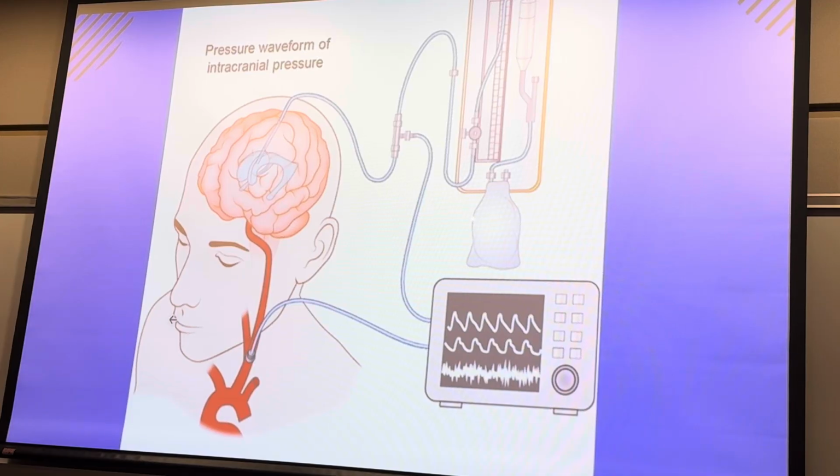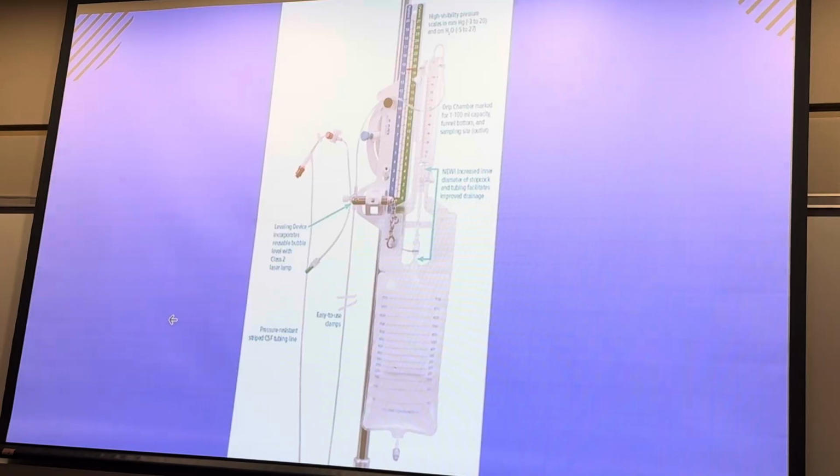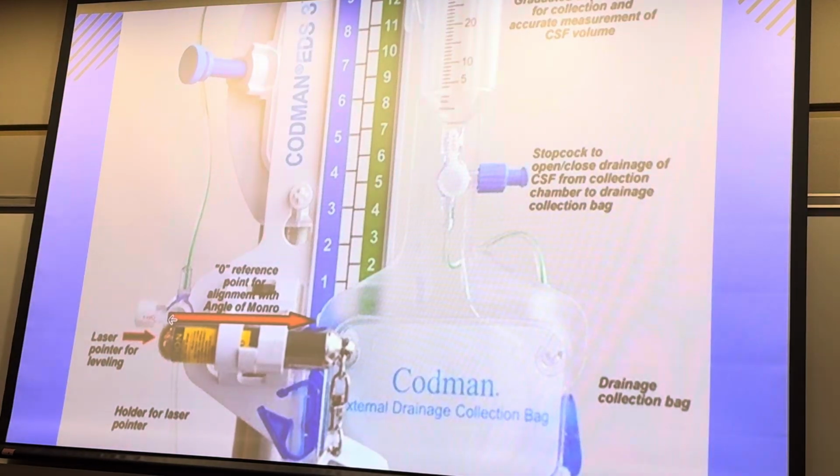Every now and then it has a big collection bag down here at the end. I think the next slide, yeah, here you go. Really shows it. So up here, that's kind of where your cerebral spinal fluid is going to accumulate. And it has a really small chambered area, and so you can have a really accurate measurement of how much cerebral spinal fluid is actually draining out of the system.